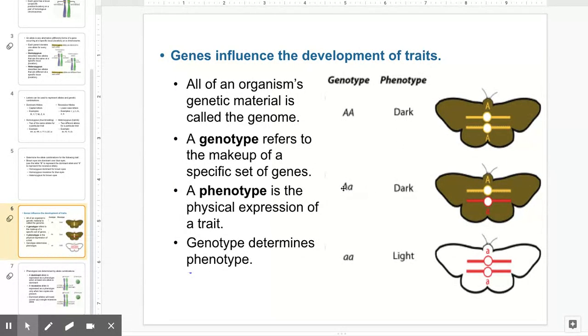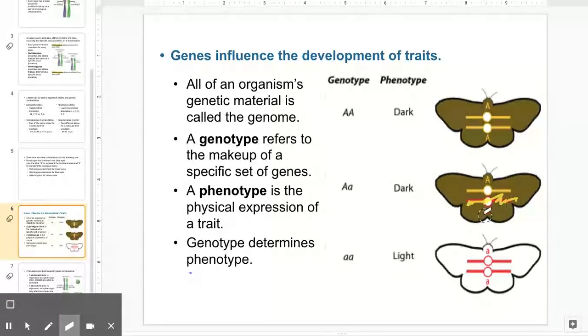Here in our next example, we have capital A, lowercase a. Notice both alleles are present. This would be heterozygous, one capital, one lowercase. But in terms of how it looks, this moth is dark in color because the capital or dominant allele covers up the lowercase allele. It's like it's not there.